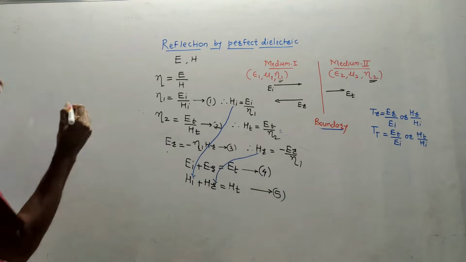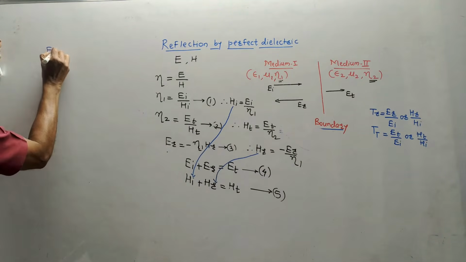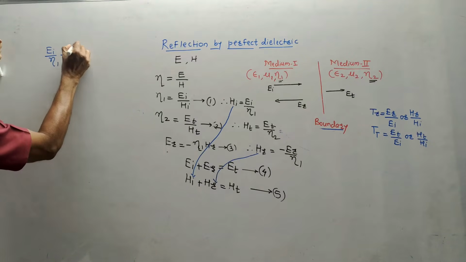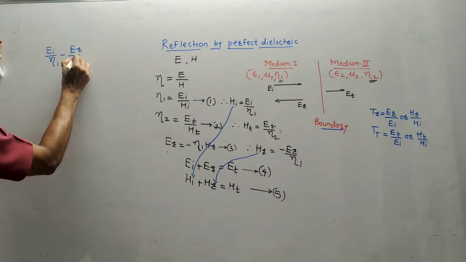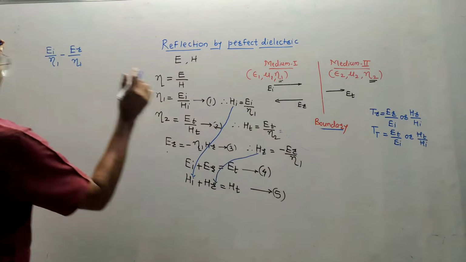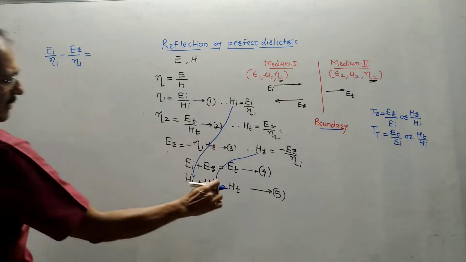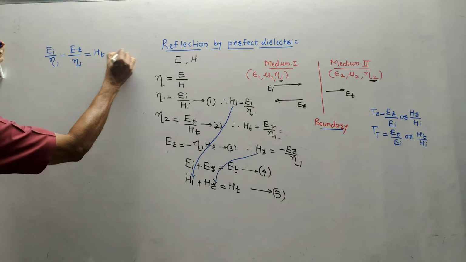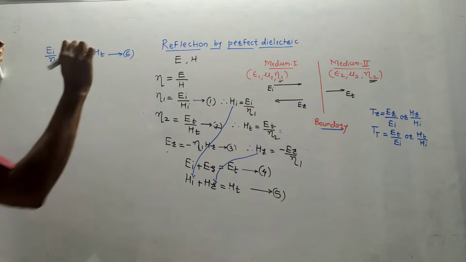So I will get the new equation, EI upon eta 1 minus ER upon eta 1, I am taking the value of HR, this value, minus ER upon eta 1, is equal to HT. I am putting the values in equation 5. Say it is equation 6.